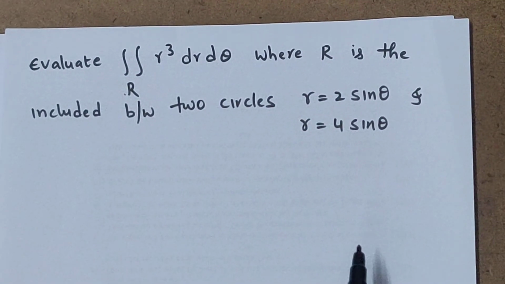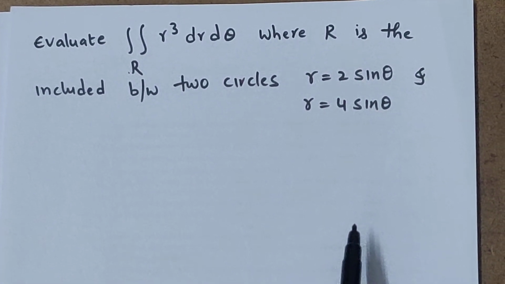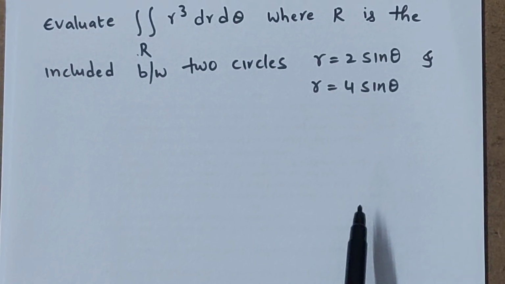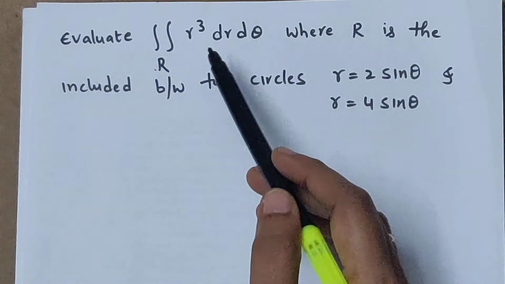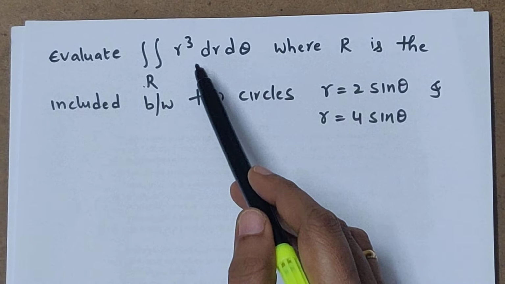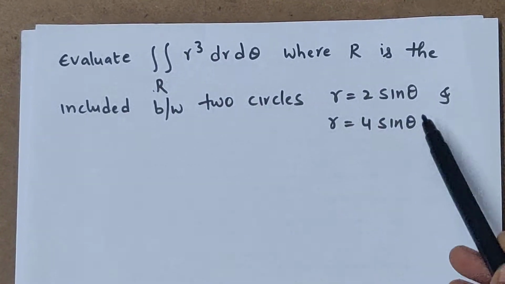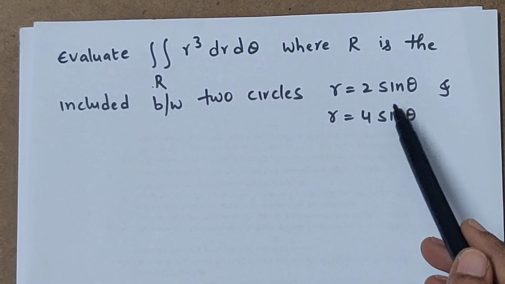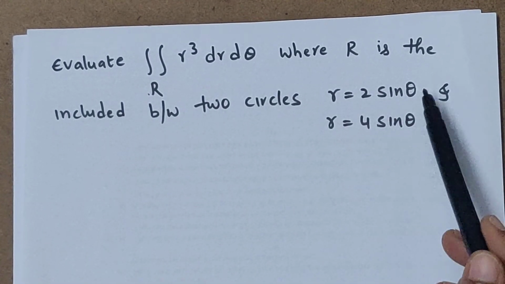Circle means it has a center and a radius, but this is a polar form double integral evaluation, and these curves are also given in polar form.